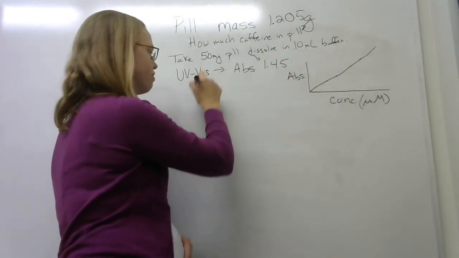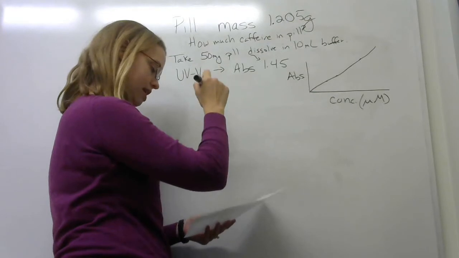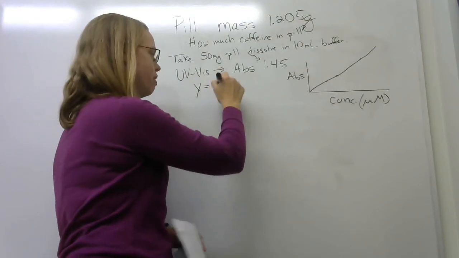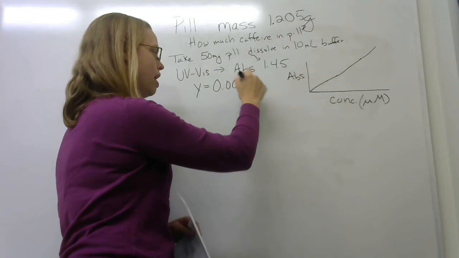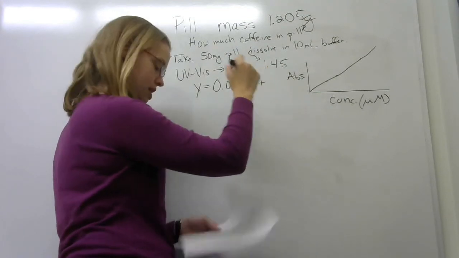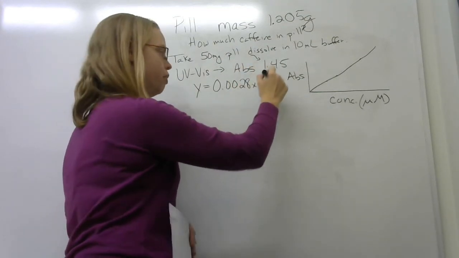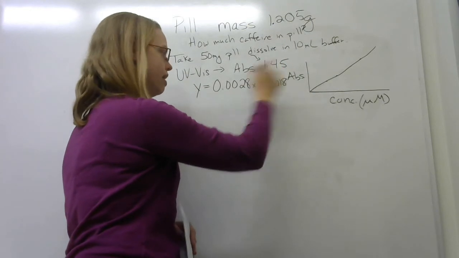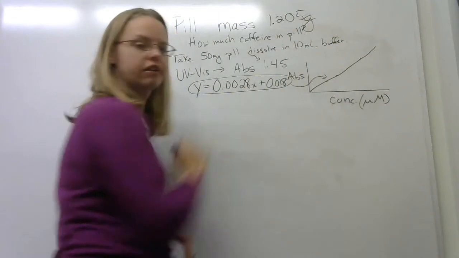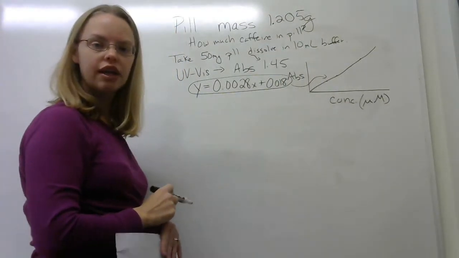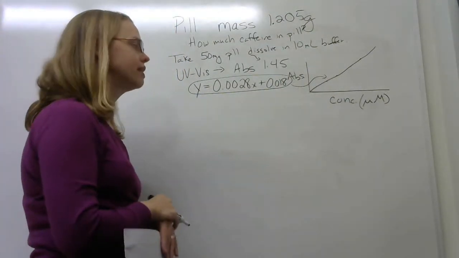So let's solve. Let's assume that from that graph we fit it, and we got a line like this: 0.0028x plus 0.018. That's the equation of the line from your calibration curve, which was all experimentally determined.